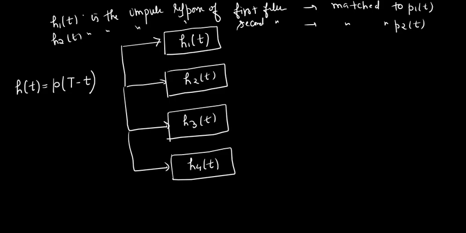If you want to make a matched filter matched to the pulse P(t), you have to design the impulse response which follows this. The maths we will see later.